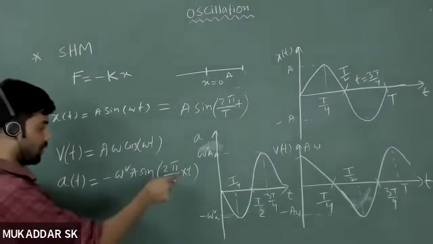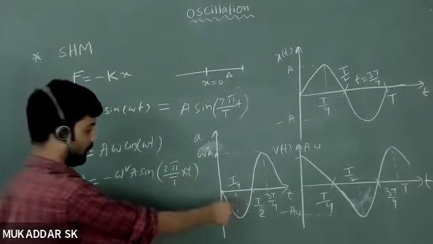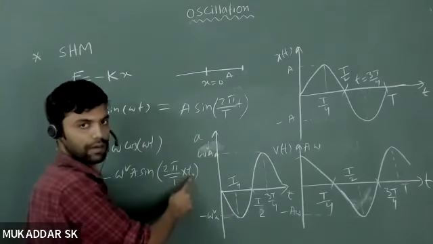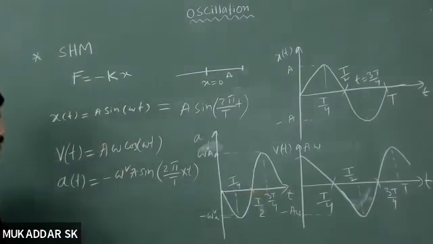Just you have to substitute that limit, small t. If you substitute T by 4, you will get minus omega square a. If you substitute small t equals capital T by 2, you will get 0. Okay, and so on. So these are very simple things, right?